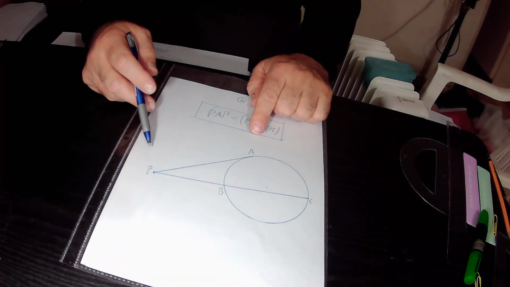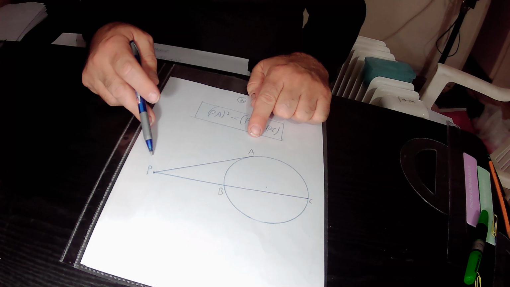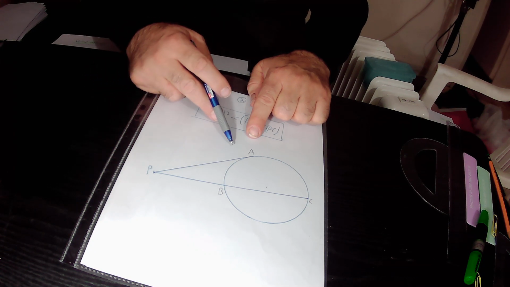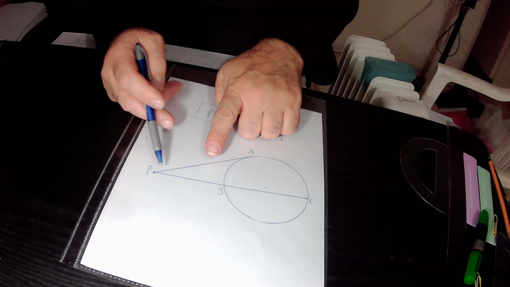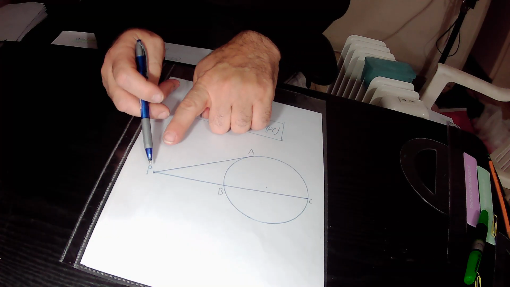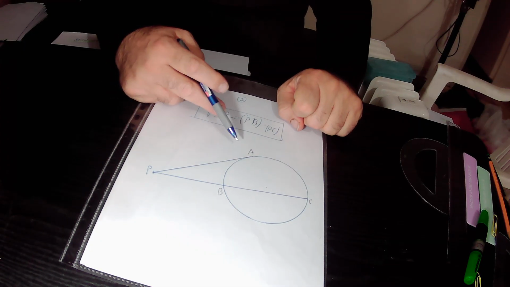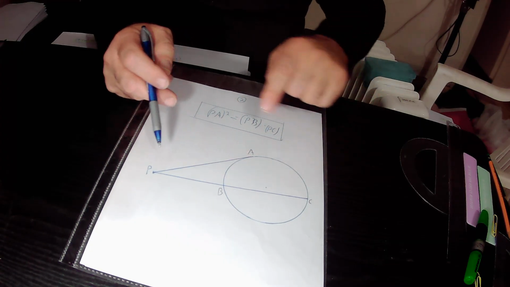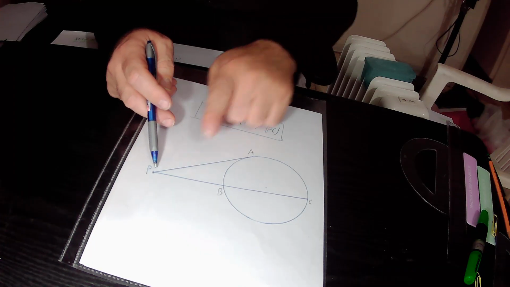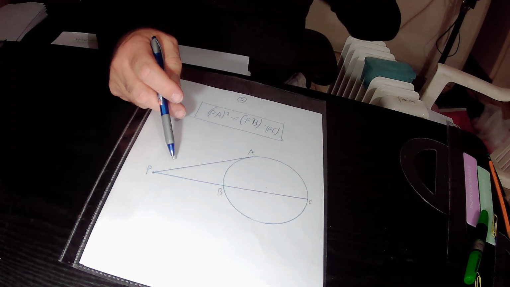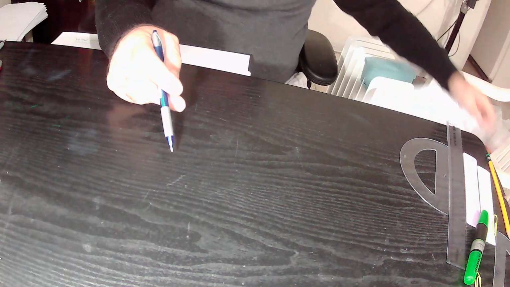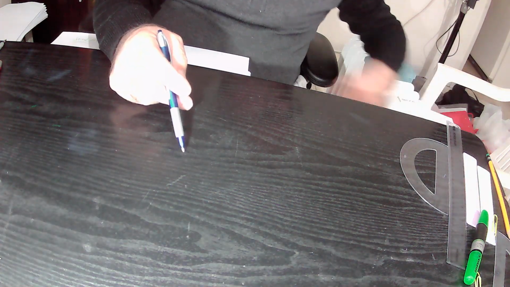The length of this tangent is PA, so PA squared equals the external part, PB, times the length of the secant in total, PC. Again, PA squared equals PB times PC. So you can definitely implement the tangent secant theorem in our drawing, as I already mentioned before.